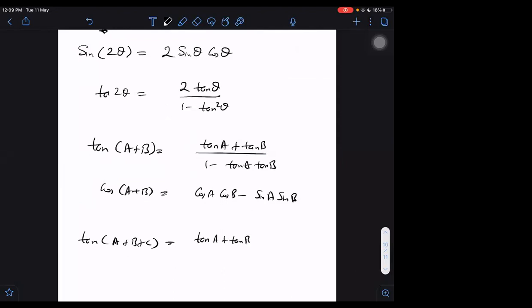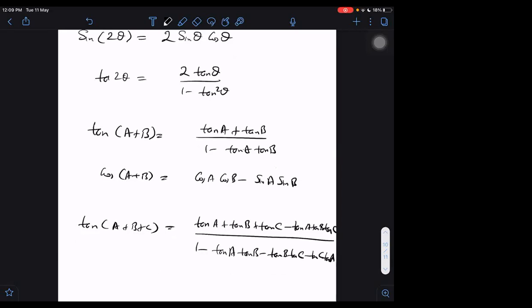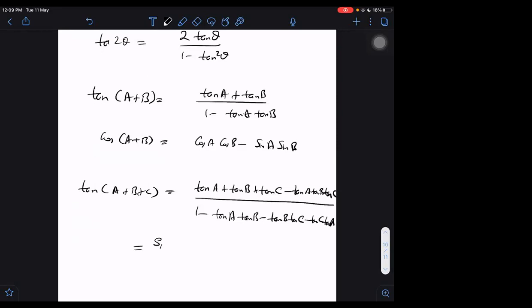Sigma tan A minus pi tan A, divided by 1 minus sigma tan A tan B, plus tan A tan B tan C. In general, I can say sum of 1 minus sum of 3 plus sum of 5 minus sum of 7 upon 1 minus sum of 2 plus sum of 4 minus sum of 6 plus dot dot dot.